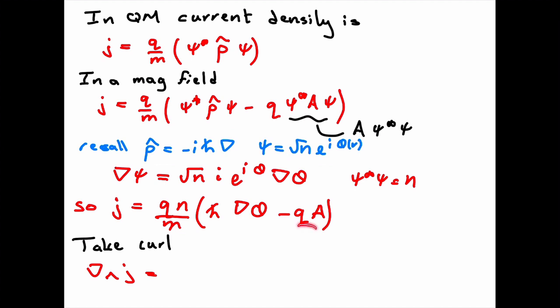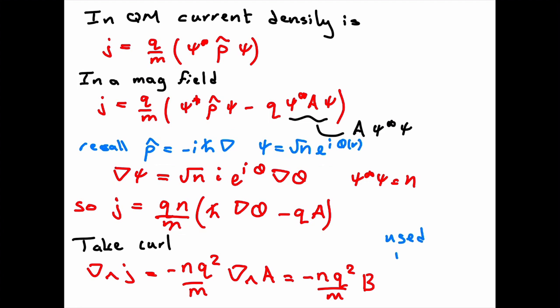So actually I'm just going to get this term: minus n q squared over m curl of A. But hang on, curl of A is B. So this is minus n q squared over m times B, and I've used the fact that the curl of grad theta is equal to 0.